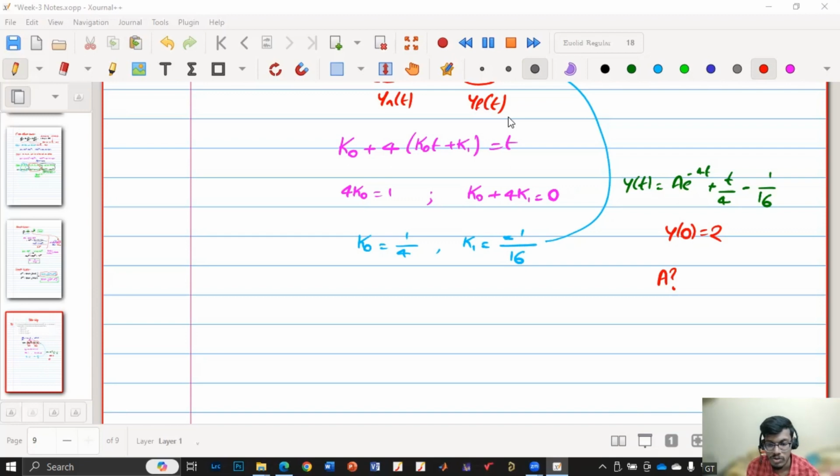Just T equals to 0. So LHS will be 2, RHS will be A minus 1 by 16. So what will be the value of A? 2 plus 1 by 16. A value is 33 by 16.